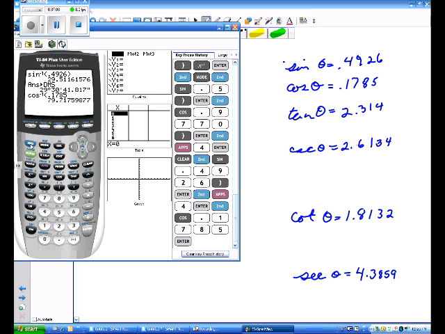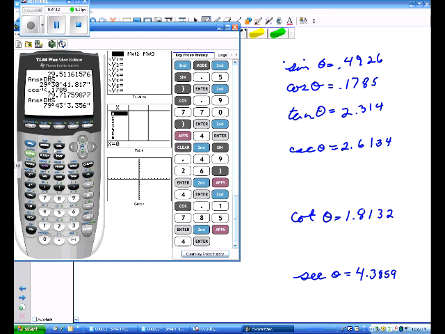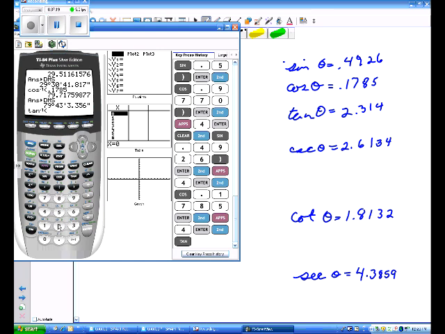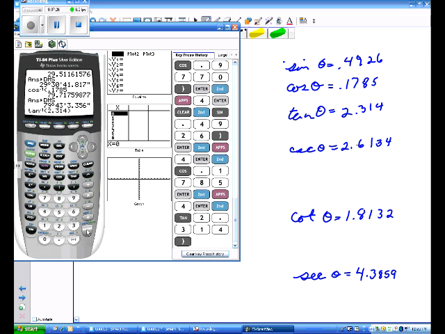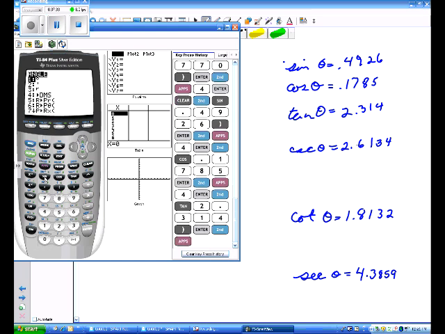79.72 degrees, or let's round this one to the nearest minute, would be 79 degrees, 43 minutes. And if we did the inverse tangent of 2.314, we have 66.63 degrees, or if we need it in degrees, minutes, and seconds: to the nearest minute, 66 degrees, 38 minutes.